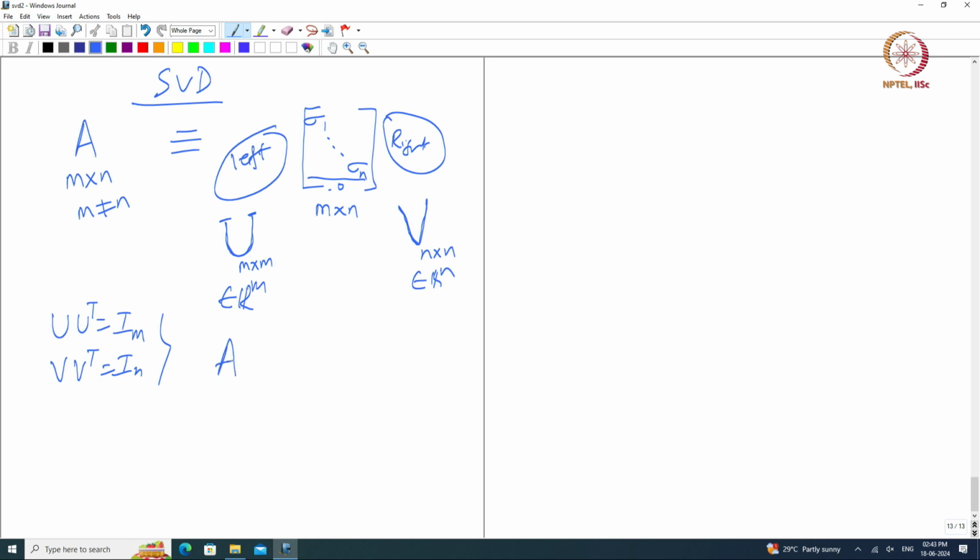And this will result in diagonalizing A, m cross n, as U, this is termed sigma, the structure V transpose.